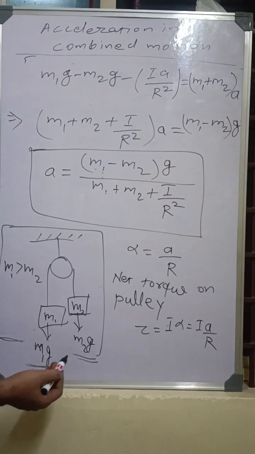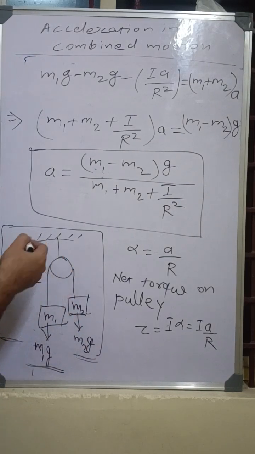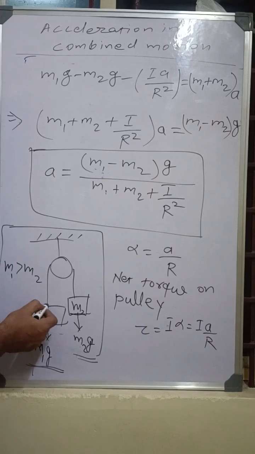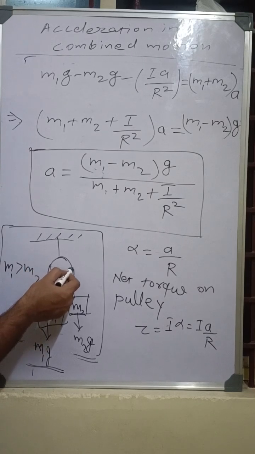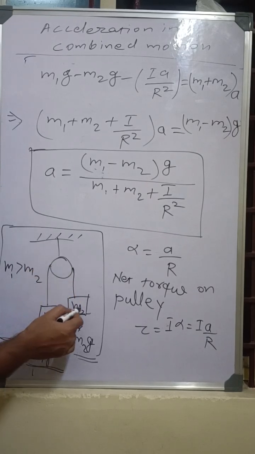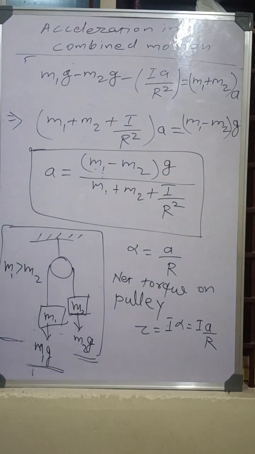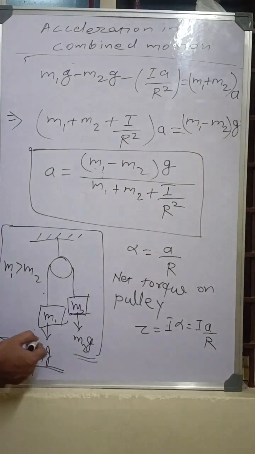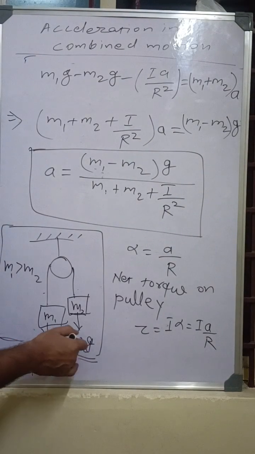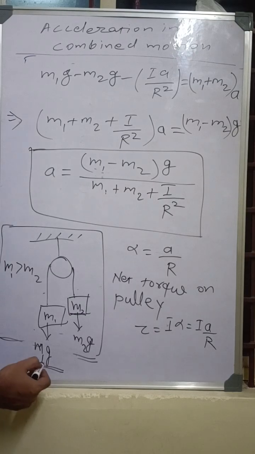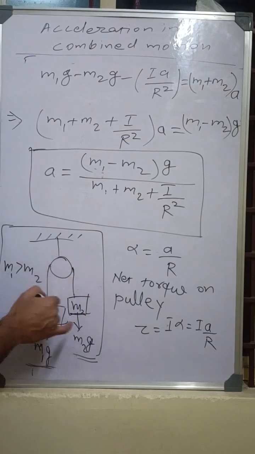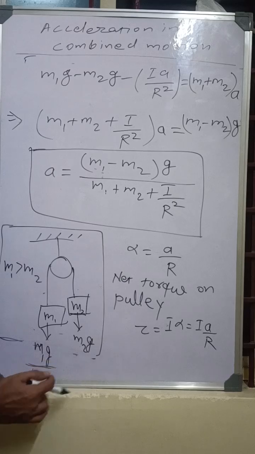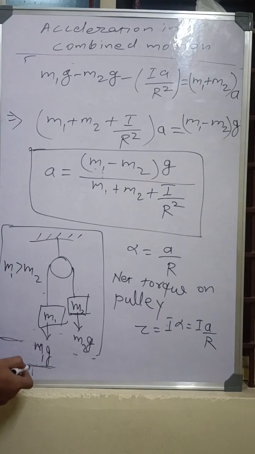Now look at how much unbalanced force is acting on the system. If you consider tension, then tension can be considered as an internal force for the whole system of masses and pulley. These tensions T1 and T2 can be considered as internal forces. If you check external forces, then M1G and M2G. So the net unbalanced force on this system will come as M1G minus M2G.